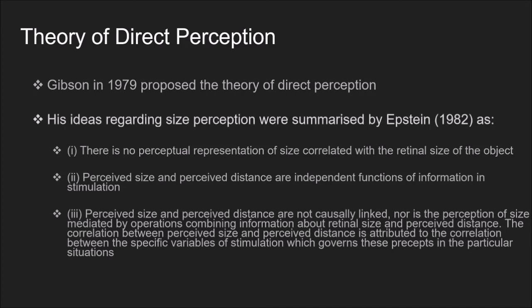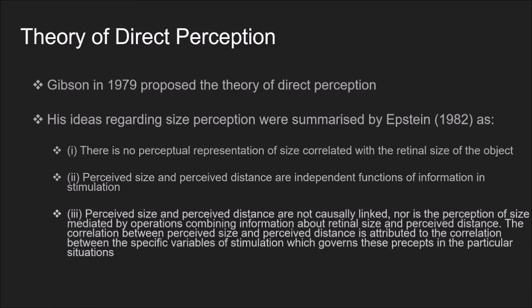His ideas regarding size perception were summarized by Epstein in 1982 as: there is no perceptual representation of size correlated with the retinal size of the object. Perceived size and perceived distance are independent functions of information in the stimulation.